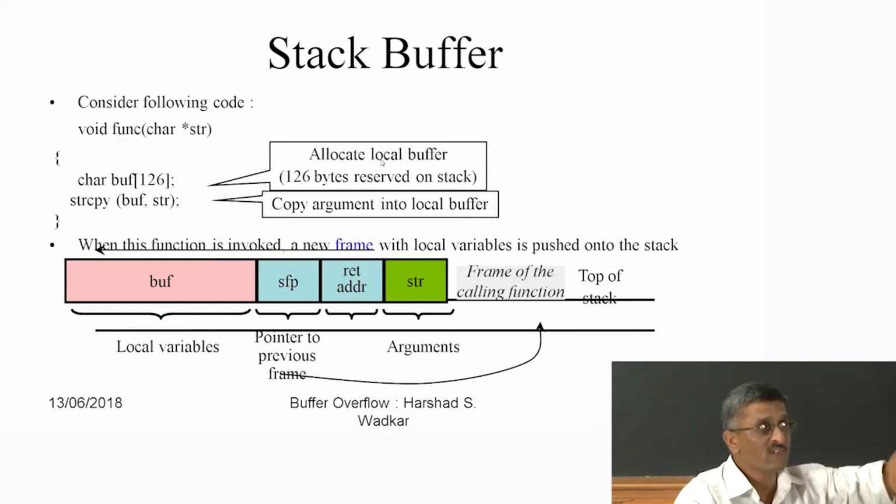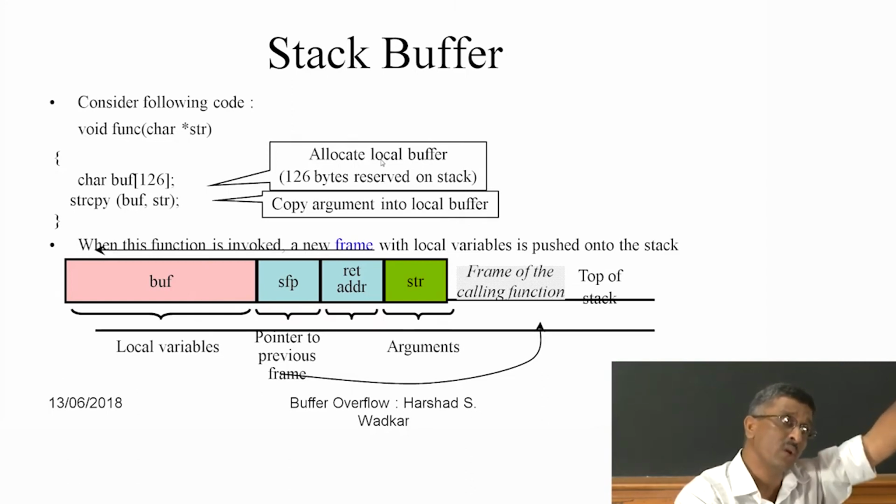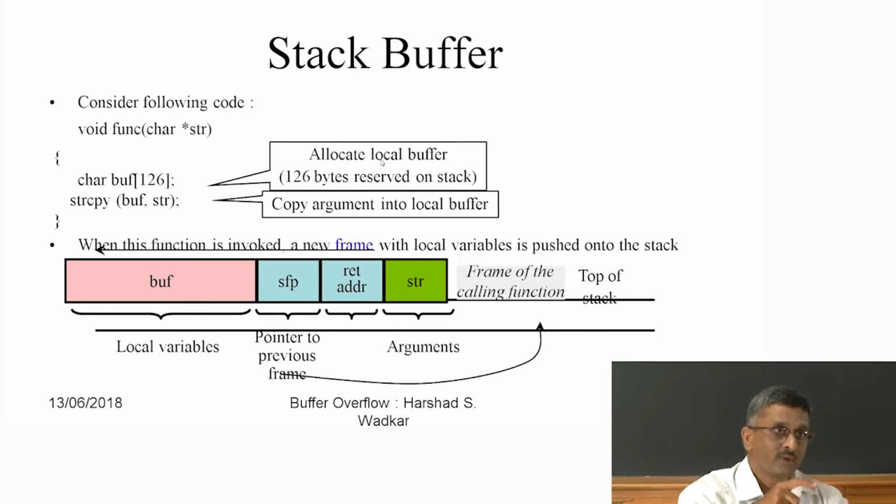So, function A calls function B, which calls function C. The activation record of function B is in the stack below, then the stack contains the activation record of C. So, the activation record of function C is on the top of the stack, and C is called by B. So, this SFP is actually pointing to the frame pointer of B. Okay, SFP is pointing to the frame pointer of the activation record of function B. Return address: the function C is, let us say, called in line number 5 of the program of function B. So, the return address contains the location where control will go back after execution of C in function B. Are you getting me?